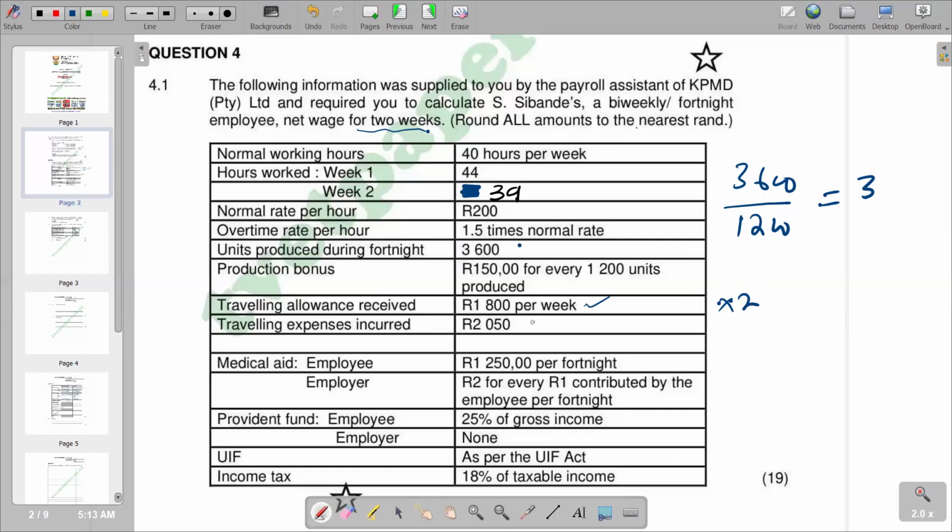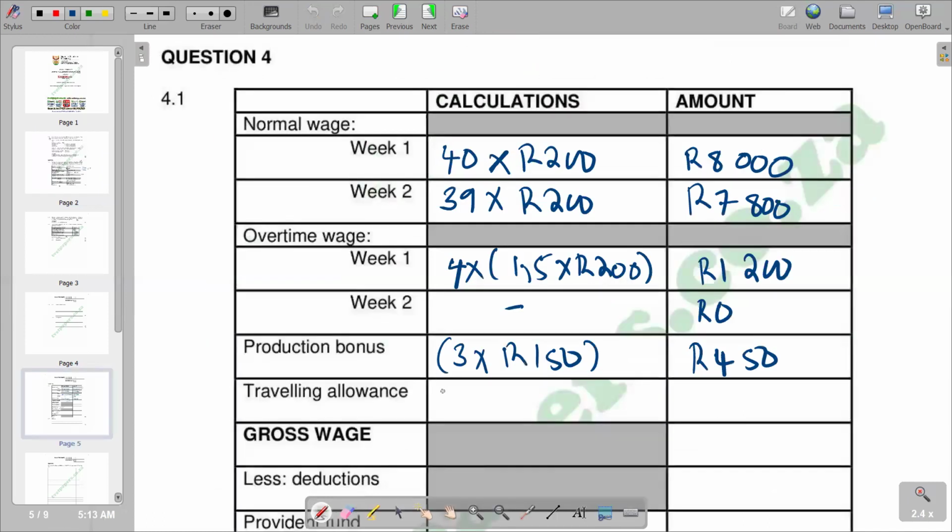Then the answer that we are going to get, we subtract traveling expenses to get the net traveling allowance. So basically, we come here in brackets, 2 times 1,800.